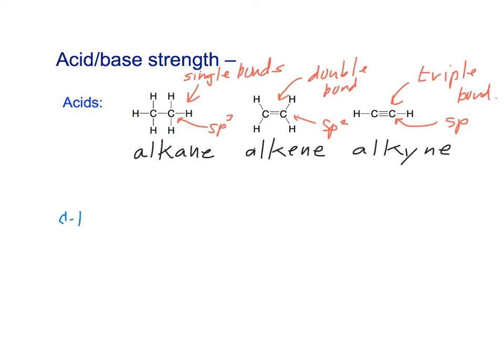So let's look at carbon-hydrogen bond strength. Do you remember from that chapter which has a stronger carbon-hydrogen bond? The hydrogen attached to the sp3 or the hydrogen attached to the sp? So in fact, the carbon-hydrogen bonds get stronger as we go from left to right.